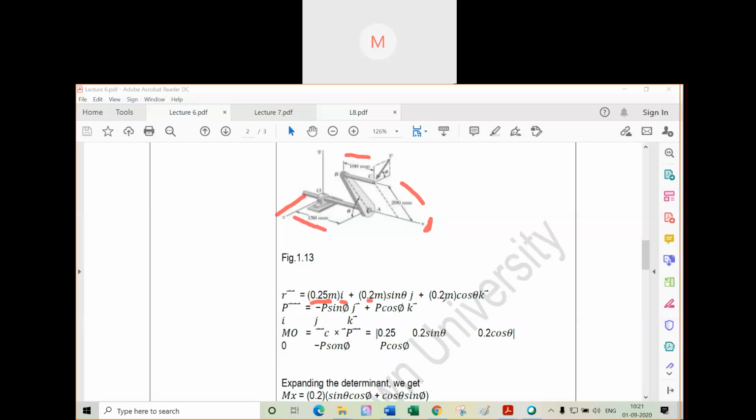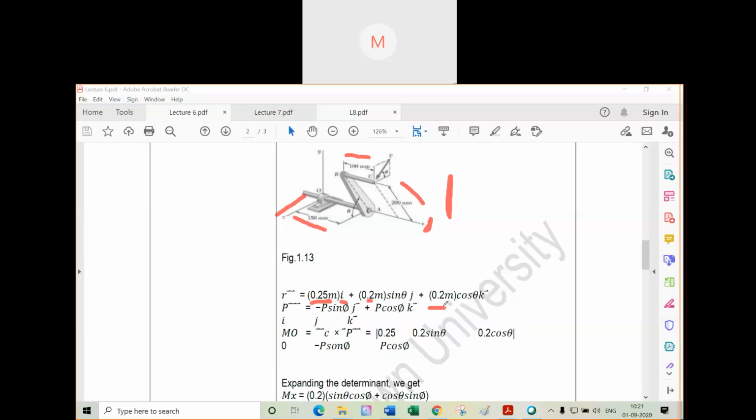Now if you see the other side, the last part, this is only 200, no? So this 200 will come this side. If it is perpendicular, then it will be like this. As simple as that.